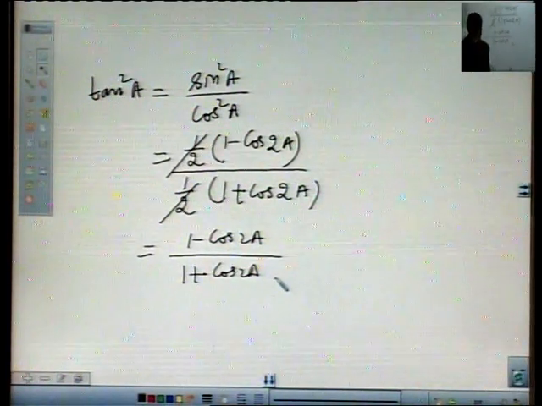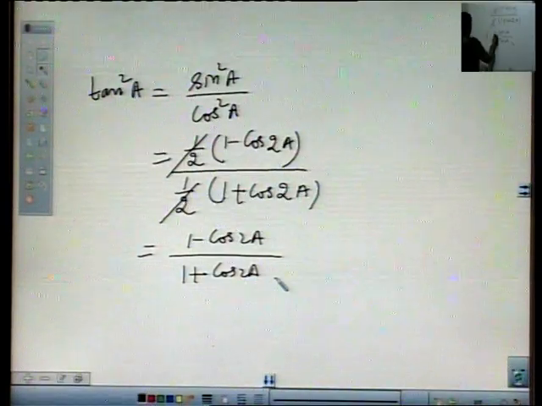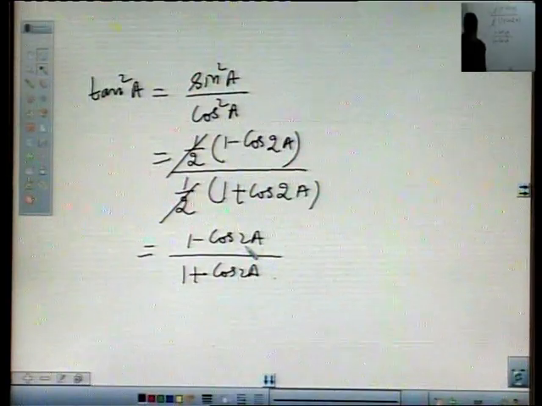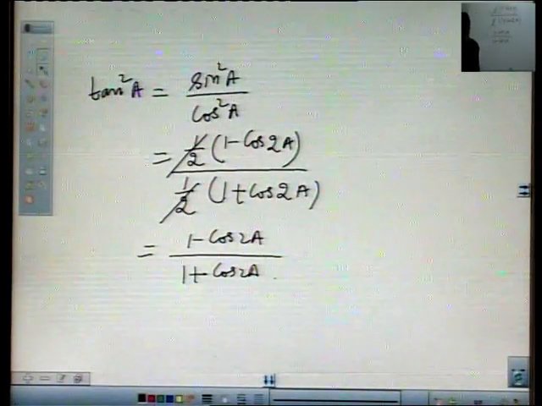So, tan square a is equal to 1 minus cos 2a upon 1 plus cos 2a.